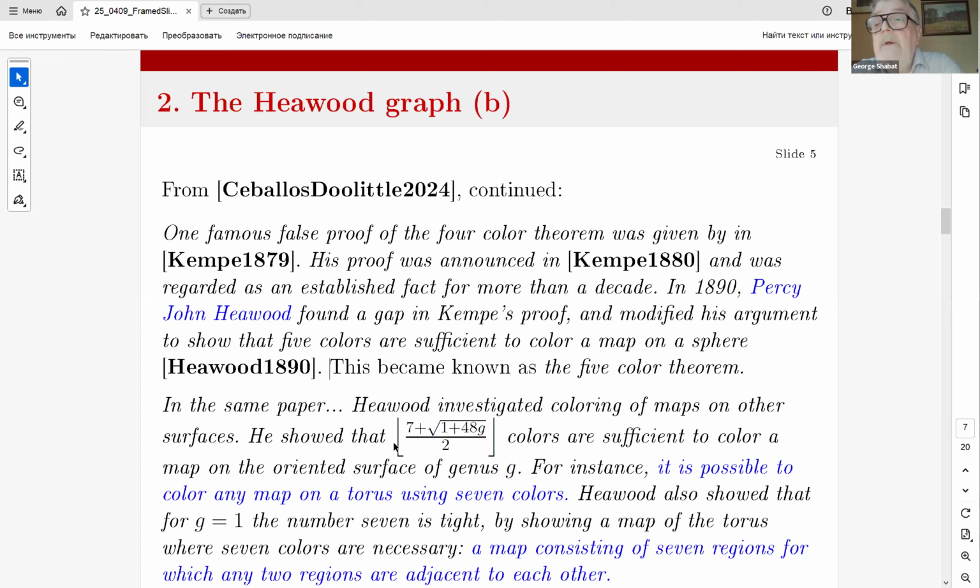Then to study this number in the simplest case, it was necessary to show that it is tight, as the author saw. So one needs constructing the embedding, coloring the torus in 7 colors.